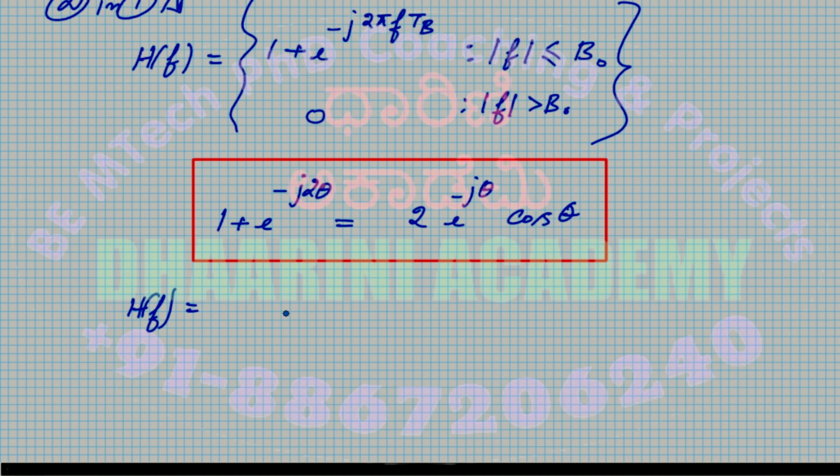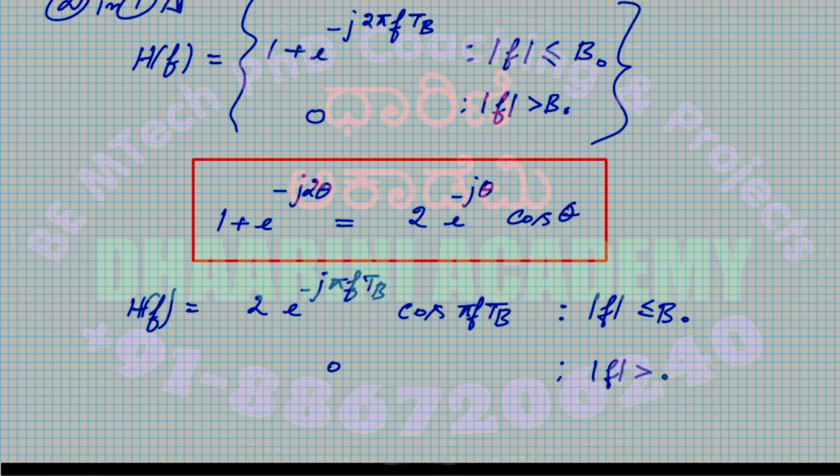Replacing that, this is equal to 2 times e to the power minus j theta, with theta equal to pi f Tb, multiplied with the cosine value, cos of pi f Tb. That's the substitution for the first line. This is when the magnitude of f is less than or equal to the bandwidth B naught, and 0 otherwise, that is, for f greater than B naught.